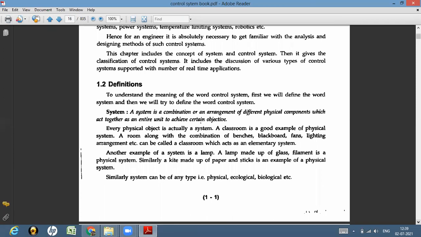For example, a classroom is a physical system. A classroom, along with the combination of benches, blackboard, fan, and lighting system, can be called a system.